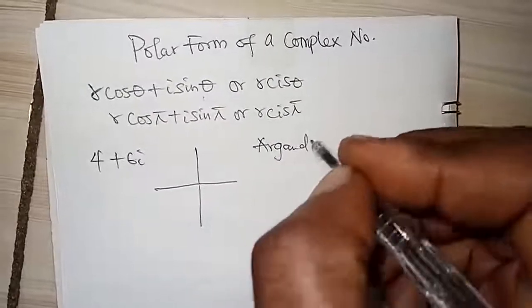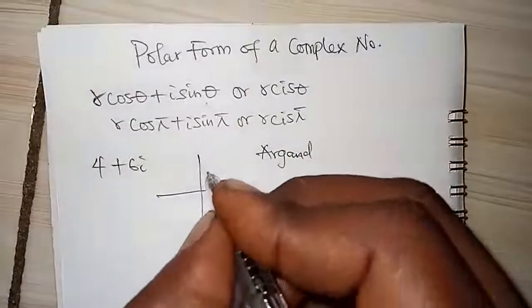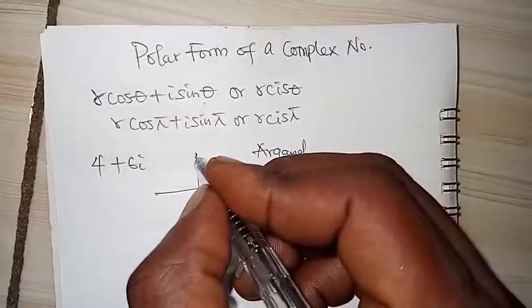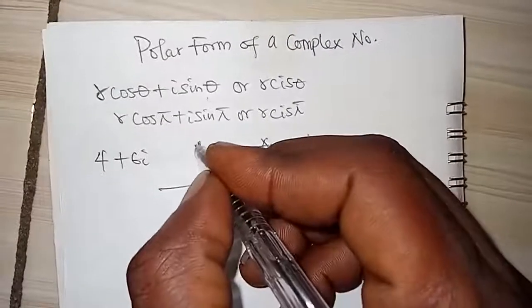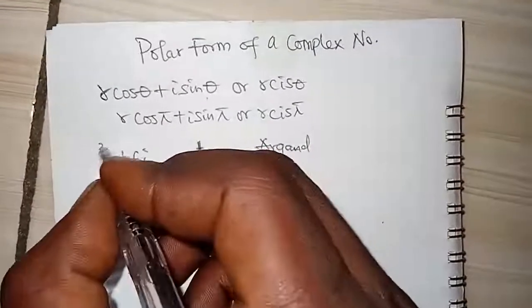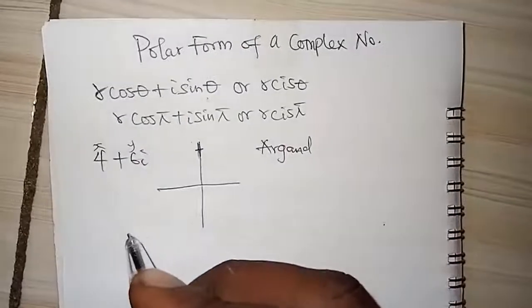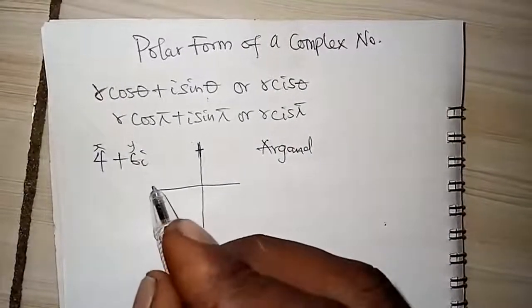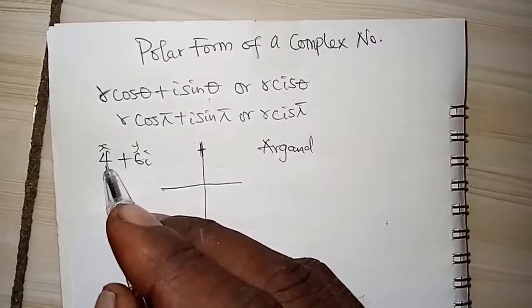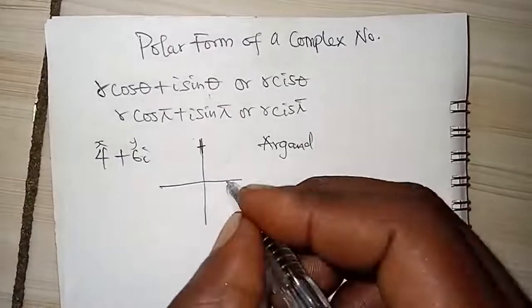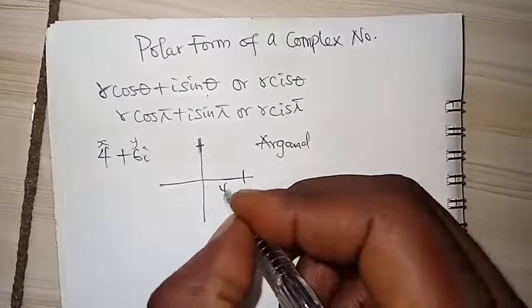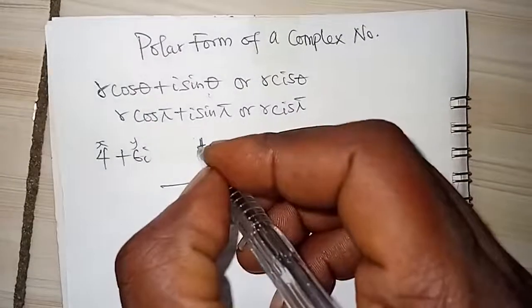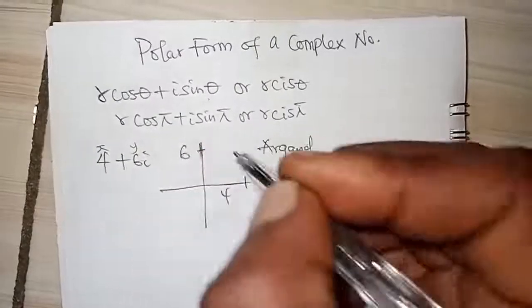An Argand diagram is simply a sketch. This is the y coordinate and this is x. So x is positive 4, so we go to x and give it 4. y is 6, so we go to y 6.